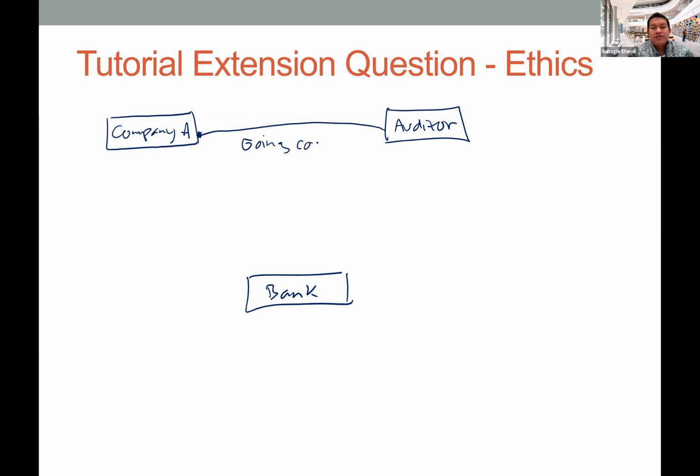The company may go bankrupt in the near future if they don't get financing from the bank. So the going concern will be the main concern of the auditor.